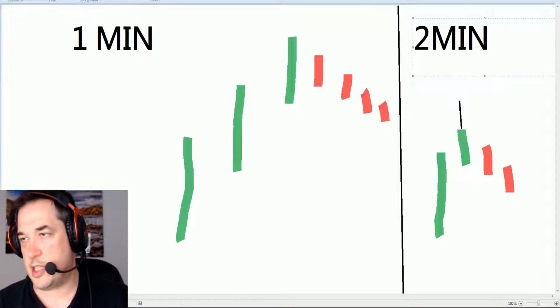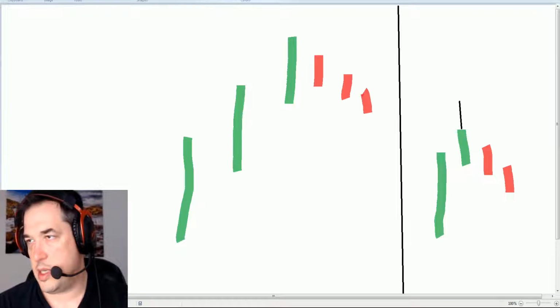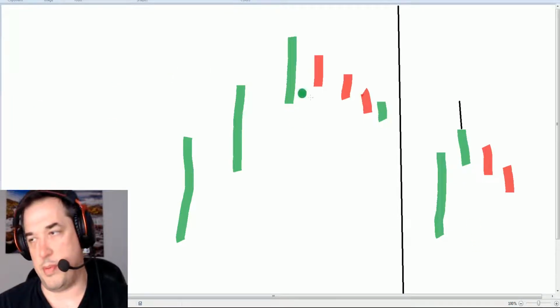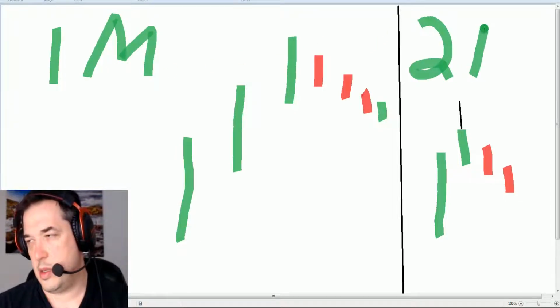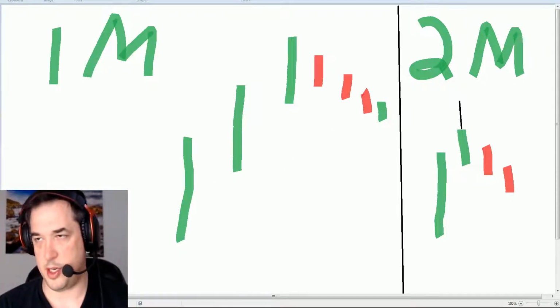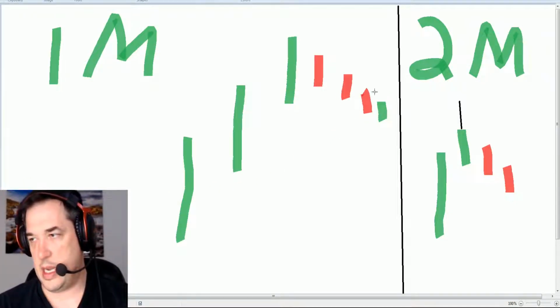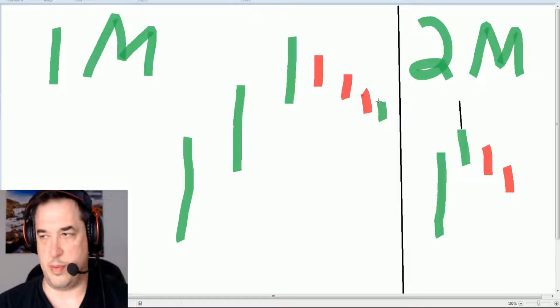Let's say this bar looks even better, like this, and the 1 minute bar here is about to close. The 2 minute bar is also about to close, and you're pretty much looking for the top of this trigger to go through.